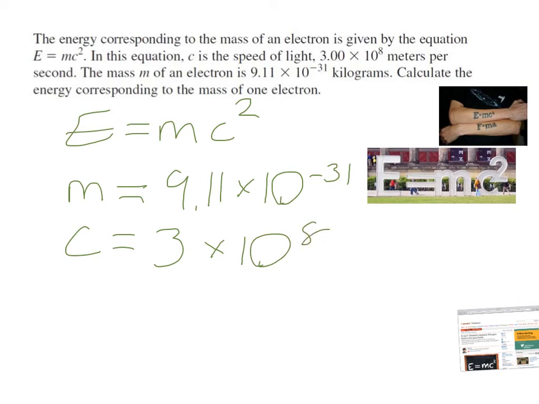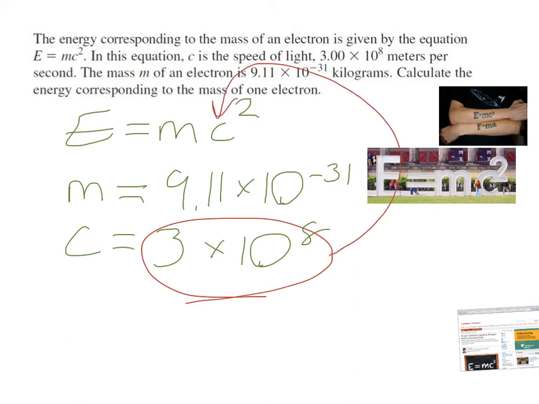Now, what is your task? You're going to take these values and send them into those variables, and you're going to make a nice, interesting looking equation that you need to simplify. You need to actually figure out the math behind the multiplication you are doing.